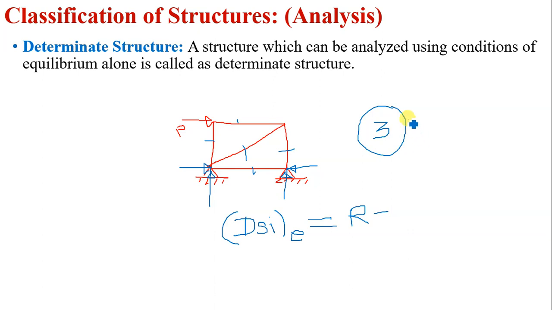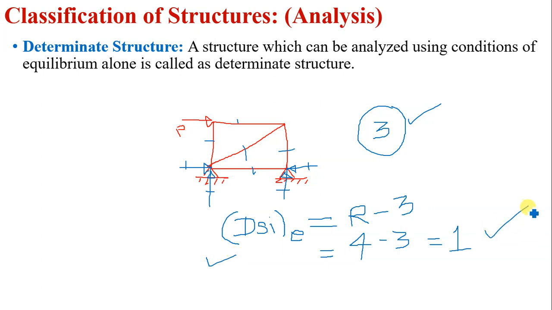Here the available equilibrium equations are three: summation Fx is equal to 0, summation Fy is equal to 0 and summation M is equal to 0. So R minus 3; how many unknown reactions are there? 1, 2, 3 and 4. So R is equal to 4 minus 3. The answer is 1, and hence this structure is statically indeterminate externally.